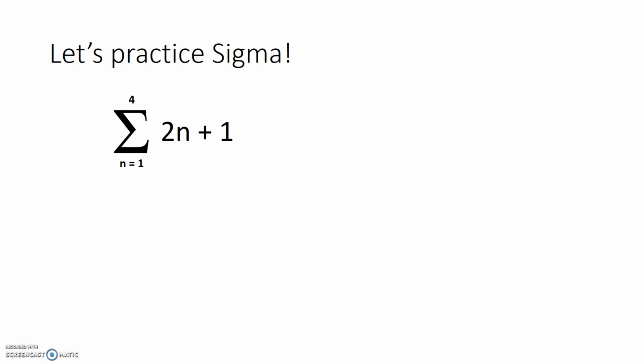And so if you've paused and resumed, then what we have here is 3 plus 5 plus 7 plus 9 equals 24. And see where I got this from. First, if I put 1 in for n, I have 2 times 1. We do multiplication first. So I get 2 plus 1 is 3.